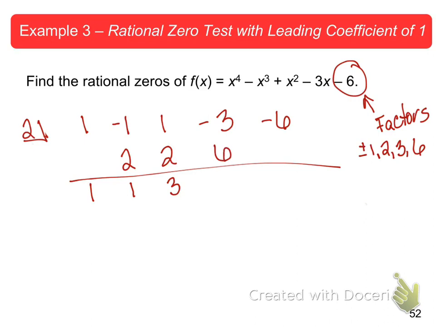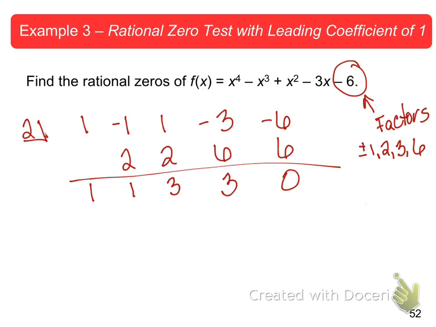Negative 3 plus positive 6 is positive 3. 2 times 3 is positive 6. Okay. What does this tell me? It is a solution.